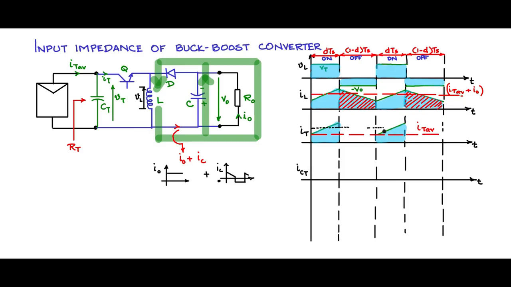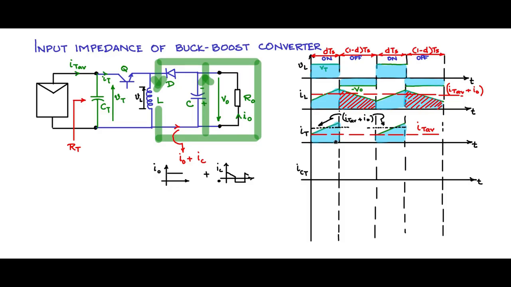If you mark those average values, you will see that it is the same as IT average plus I naught, both here and here. So if I take this dotted black line every cycle, that would give me a flat-topped rectangular wave shape.